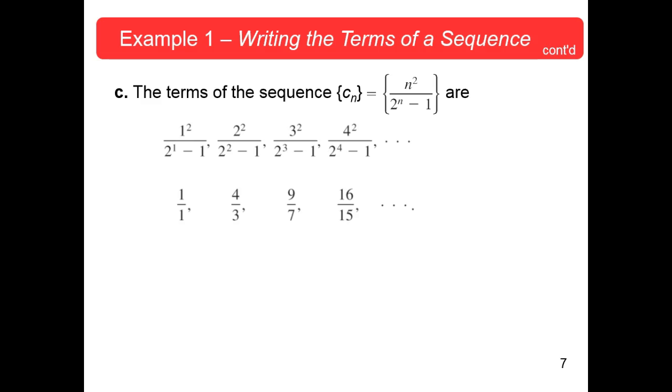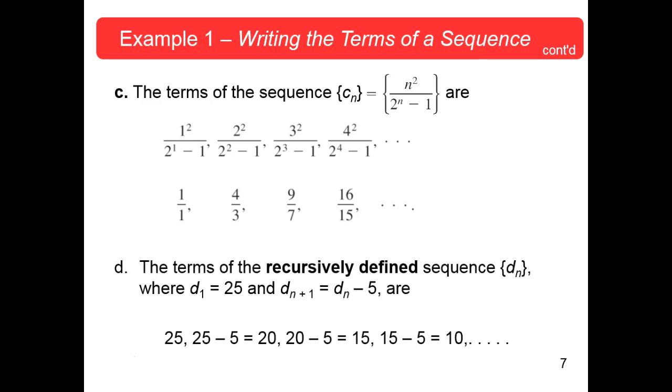Now, there is another kind of sequence that's a little bit worse. This isn't just an A sub n or D sub n. You define the next one by what the previous one was. Okay? So this is a recursively defined sequence, D sub n.